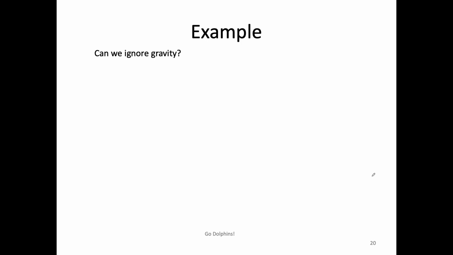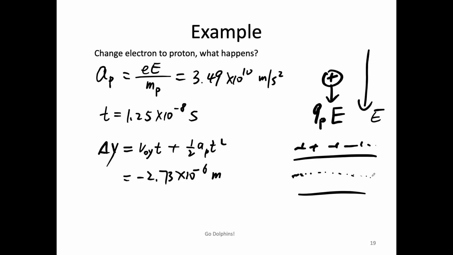And so we basically already argued why it's different. Because you have different sign of charge for proton and electron, electron is going to move upward, and the proton is going to move downward.